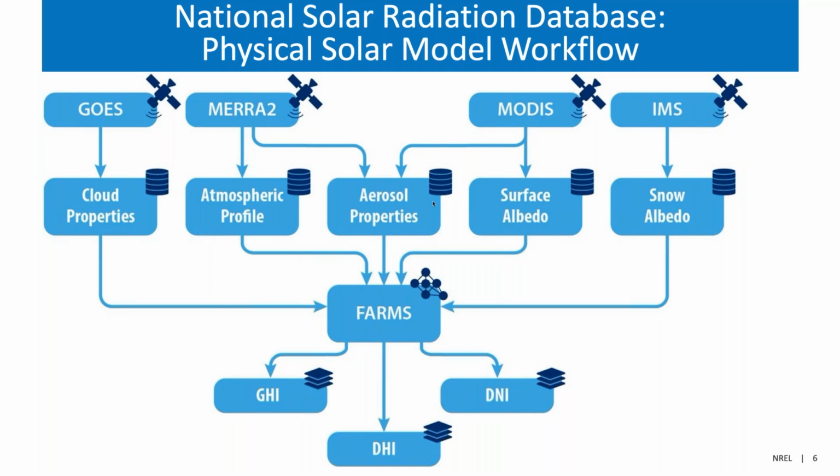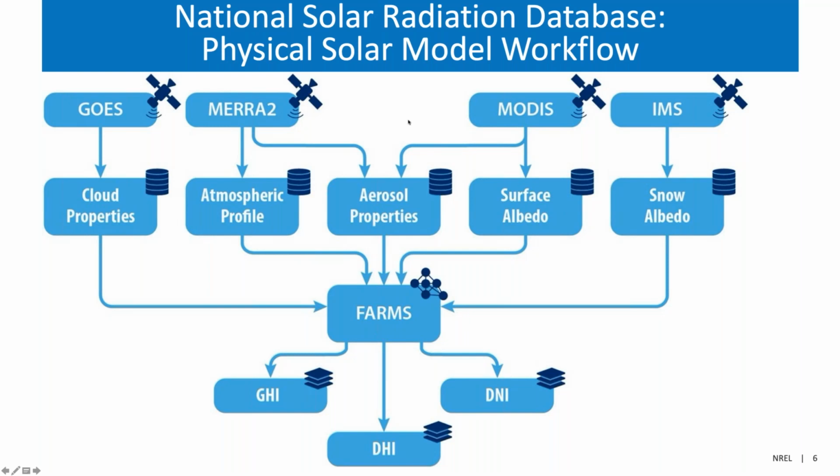What we have in this slide is the GOES satellite, which is essentially used to derive cloud properties. By cloud properties, what I mean is the cloud mask, the cloud optical thickness, what type of cloud it is, is it ice cloud or water cloud, because that matters when computing radiation.